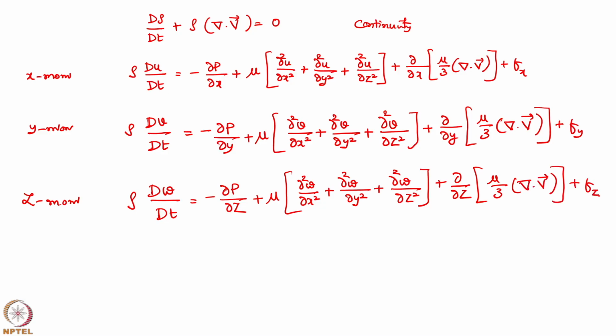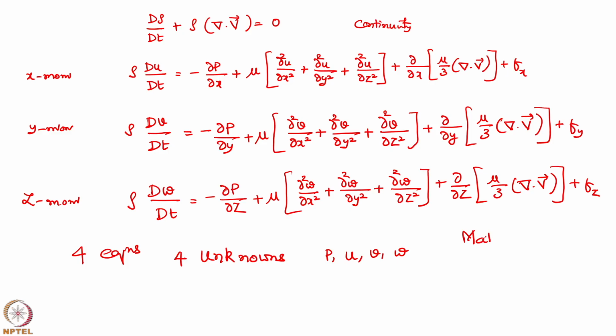So, you have 4 equations and 4 unknowns. The 4 unknowns which you are going to solve are P, U, V, W. So, you get the complete pressure distribution and the velocity distribution if you solve these equations.